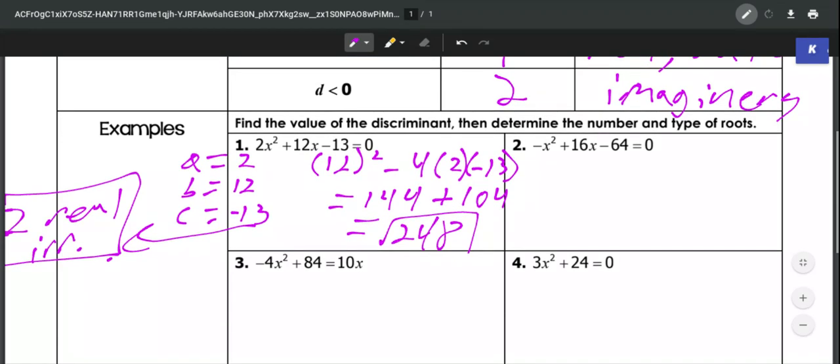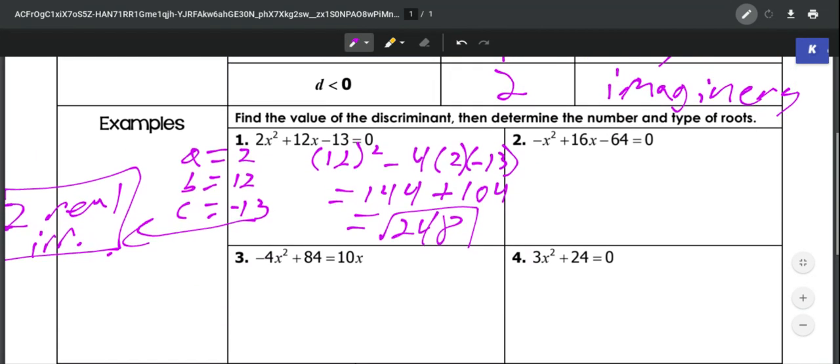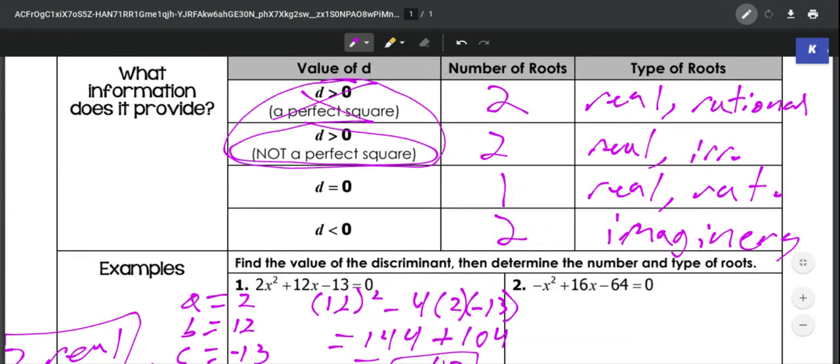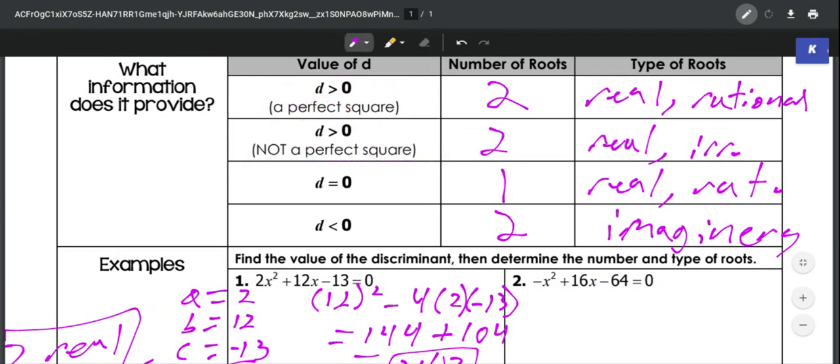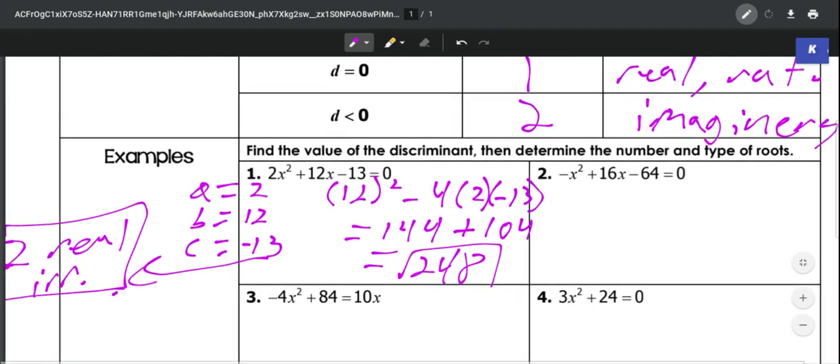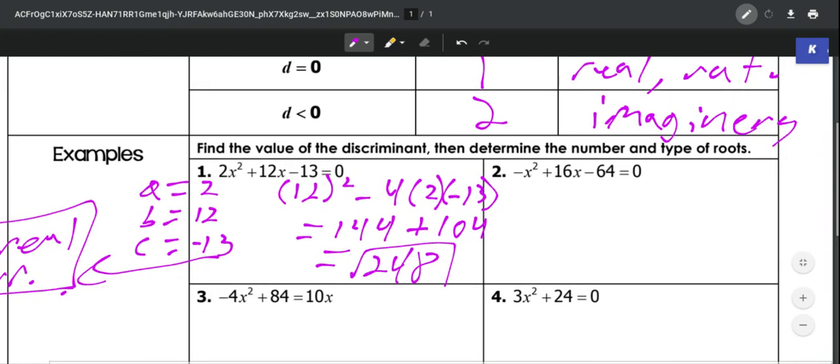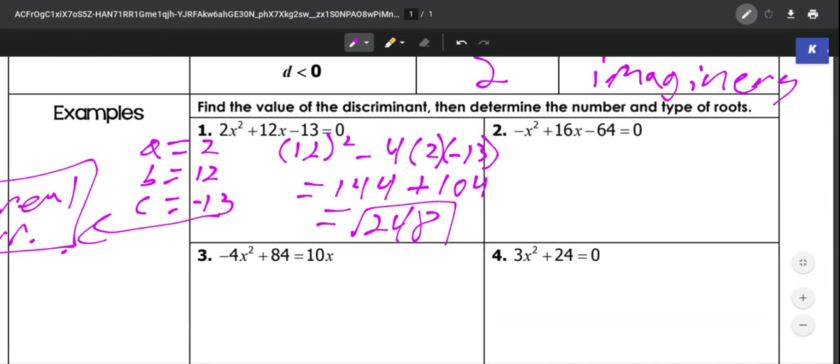Now let's look at number 2. We'll probably go through each of these so you can see them, and I'll try to go through them pretty quick so this video is not too long. The first thing you need to do is identify A, B, and C, like we did here, but I'm probably going to skip that just so I can crank these out for you.